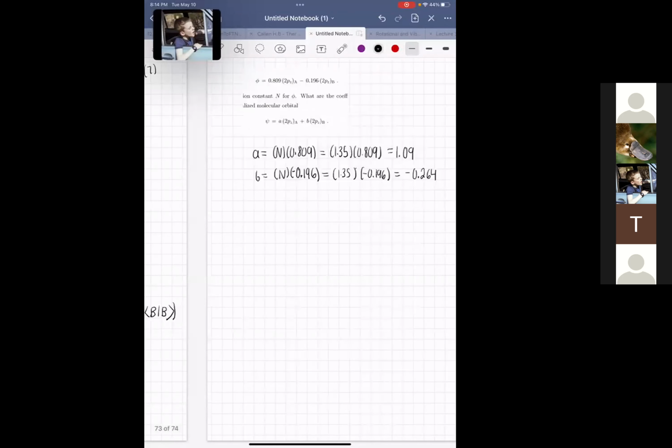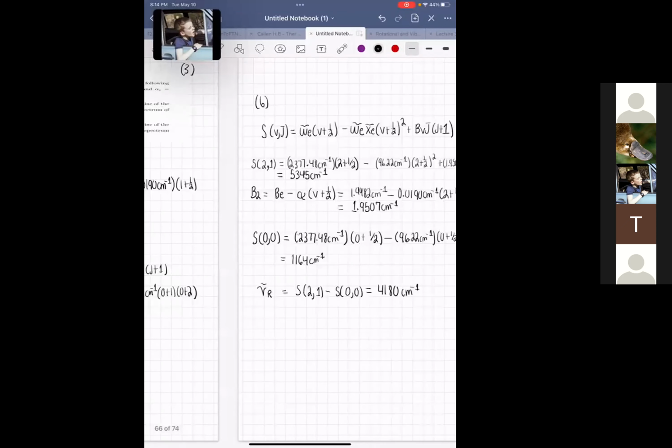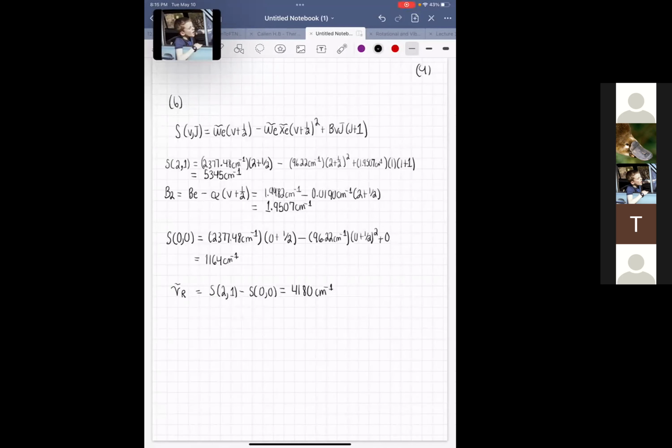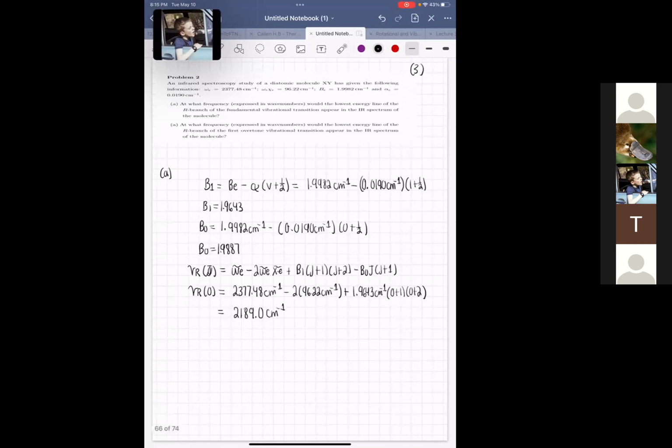Problem 2: an infrared spectrometer is used in the study of a diatomic molecule XY, given the following information. At what frequency, expressed in wave numbers, would you find the lowest energy line of the R branch? Okay, I'm trying to put it in my mind here.